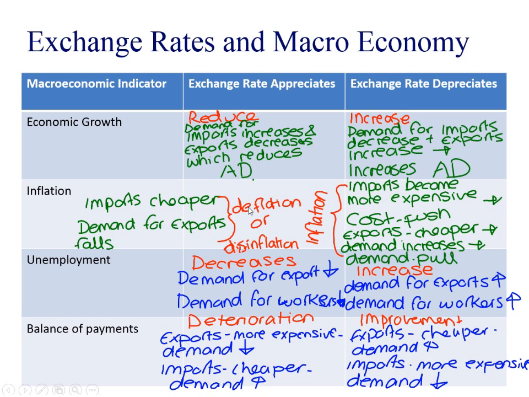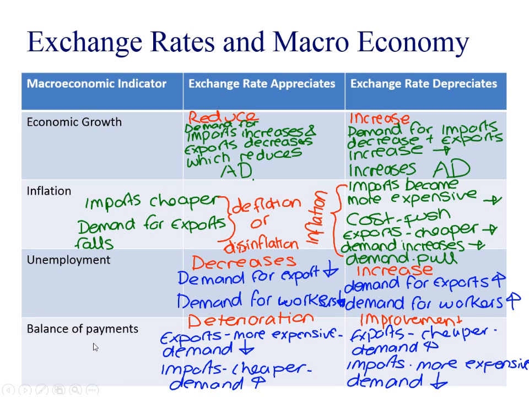Demand for exports decreases, so therefore, labour being a derived demand, the demand for workers would decrease as well. Whereas with an exchange rate depreciation, we know that aggregate demand is increasing, due to the increase in the demand for exports, so demand for workers to produce those exports would also increase. So unemployment would reduce when the exchange rate depreciates, and unemployment would probably increase when the exchange rate appreciates.